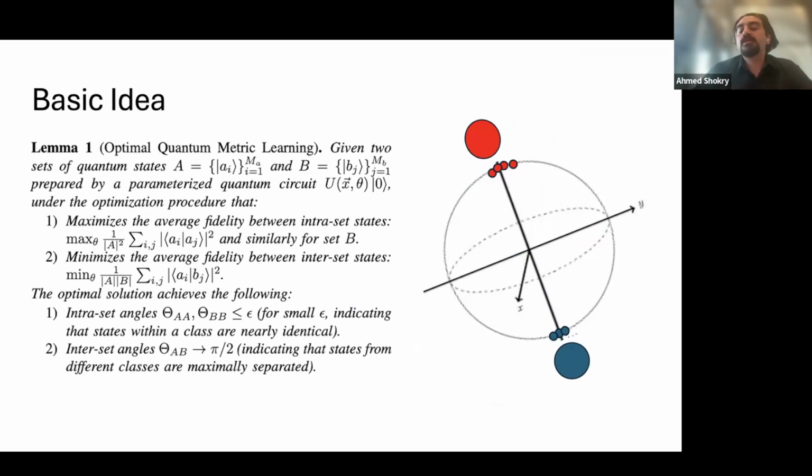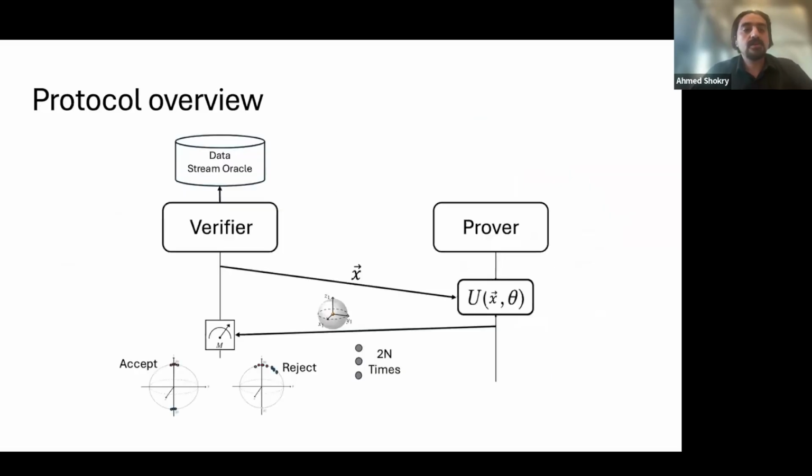This, of course, will enable the verifier to reconstruct the state of each group, and in turn, the verifier would be able to estimate the angle between the two groups.